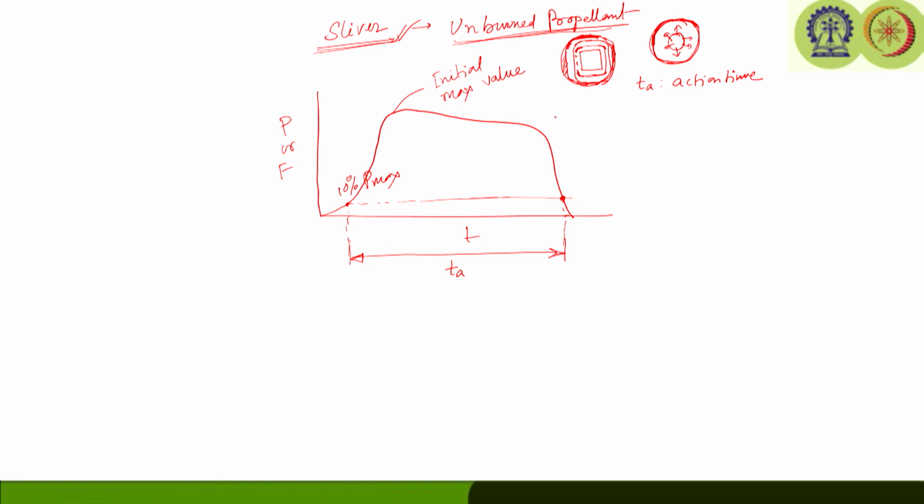And from here, if we draw the aft tangent bisector, we can see the pressure is increasing and then it remains for some time if it is a neutral type of burning, and then it is going to tail off or drop. If you draw the tangent here, the aft tangent bisector, we get a point, and we can draw a normal here.